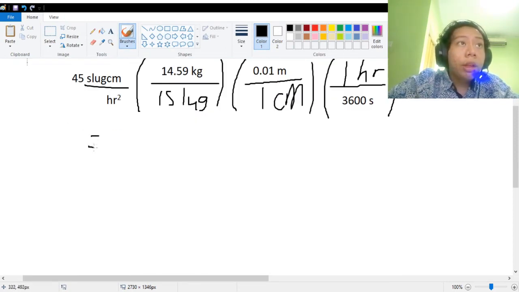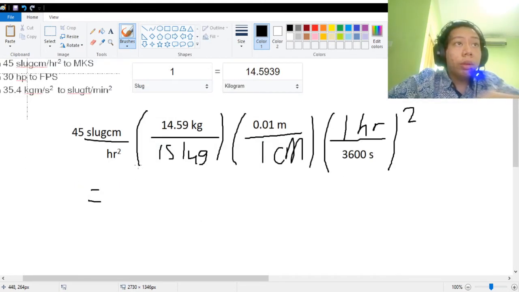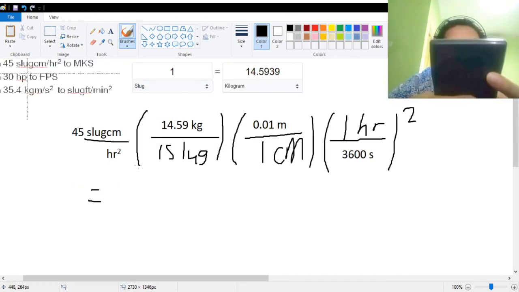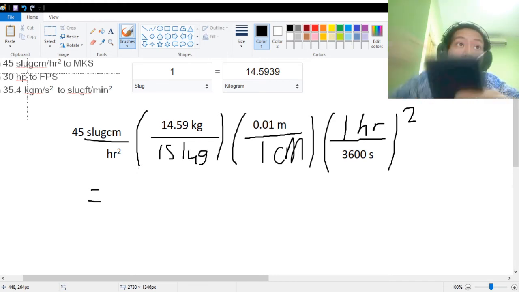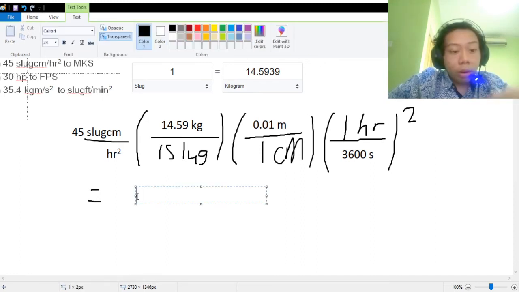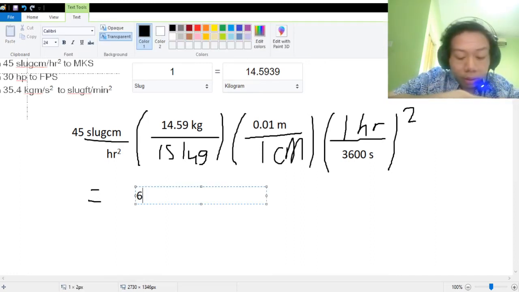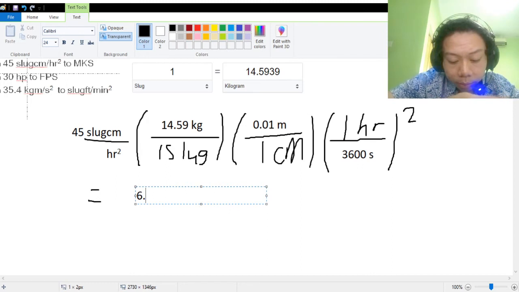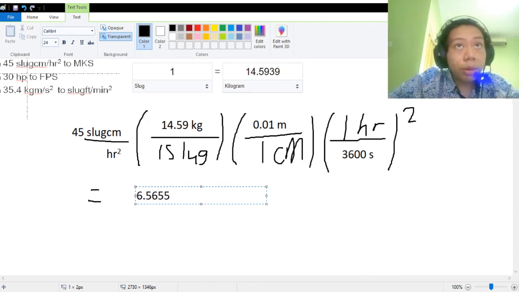Okay, first thing to do is to calculate it in our calculator. So 45 times 14.59 kg times 0.01 times 1 squared, which is 1, times 1. It is 6.5655.